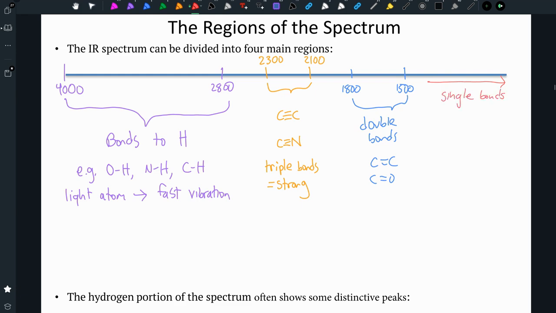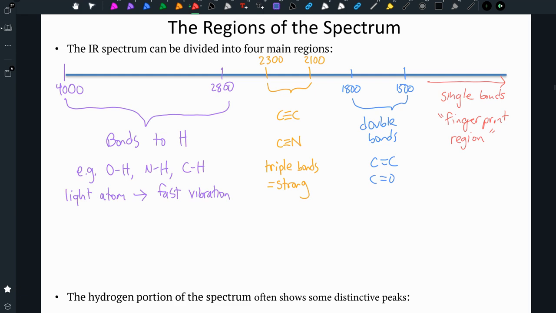Now, I am not going to bother getting into that region. It's very complicated. There are lots of chemists who can get a lot of information out of it. It's often called the fingerprint region, because it's got complicated patterns.